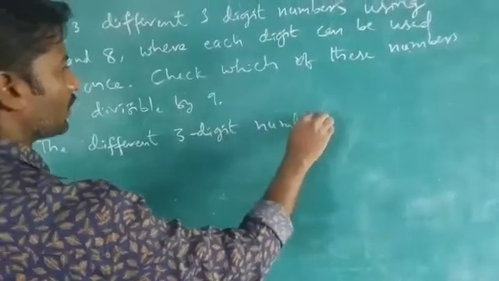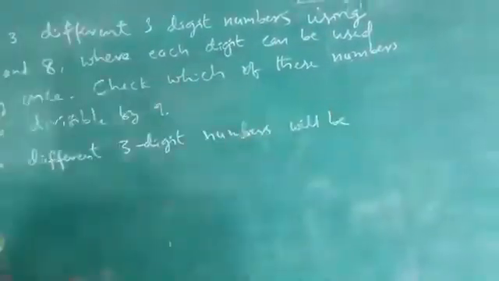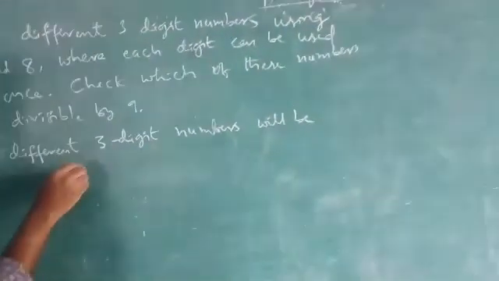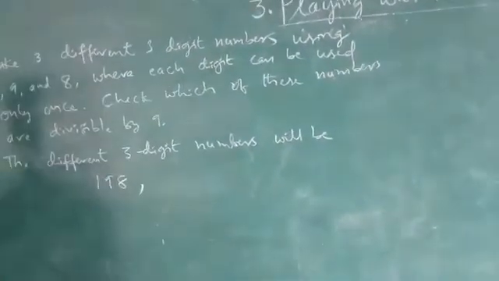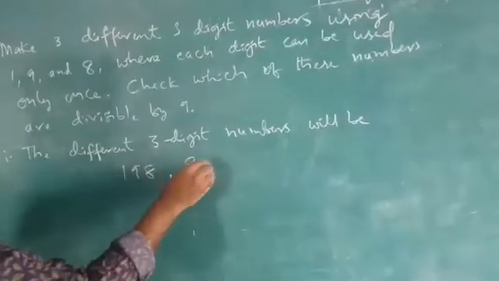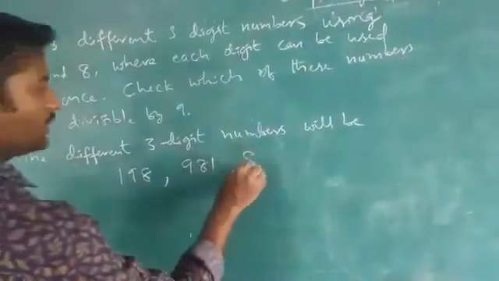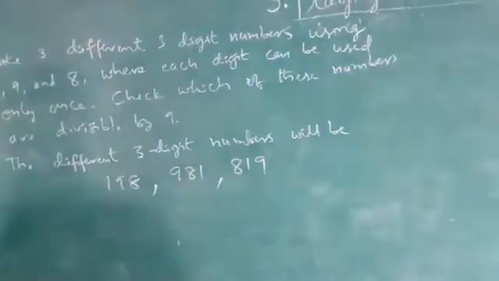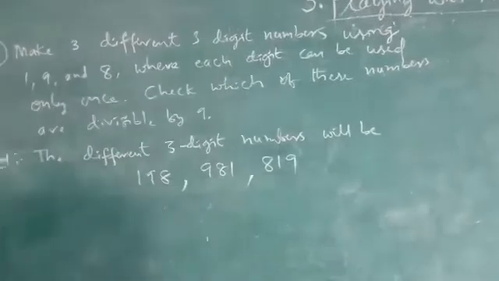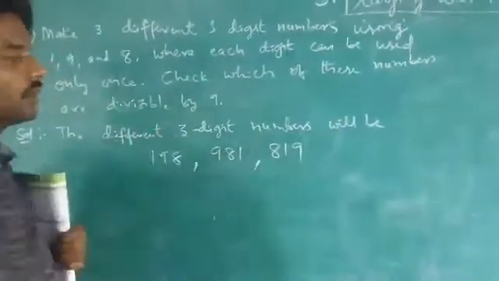Can you say them, children? You can combine 198. Using these 3 digits only, we take one more number, 981, also we can write. Still 819. We can make many, but 3 are enough. Now we have to check whether these 3 numbers are divisible by 9 or not.